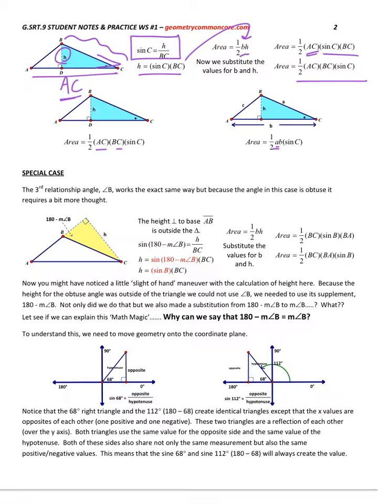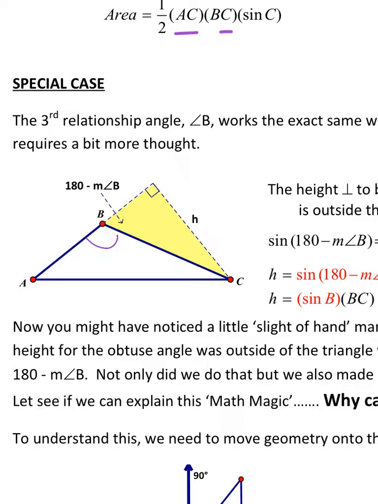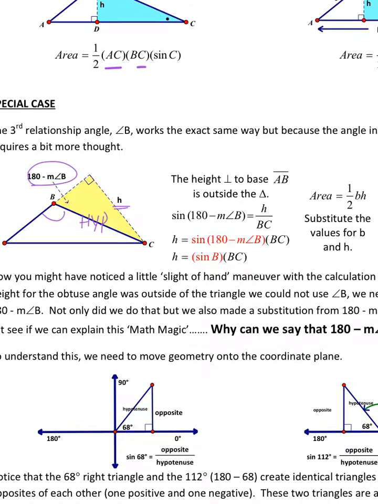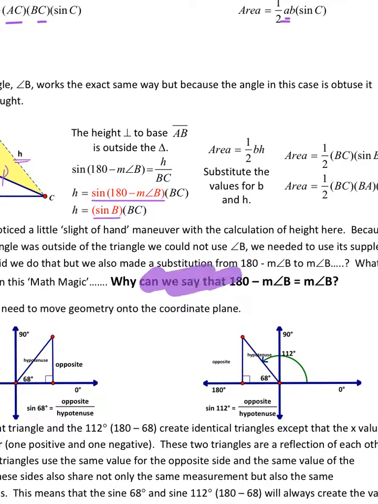And so really what you look at in order to create that ratio for sine is not angle B inside the triangle, but the supplement of angle B, which is 180 minus the measure of angle B. And from there you can relate the opposite side height to the hypotenuse of that triangle that has that reference of angle 180 minus measure angle B. If you notice the setup that we used on the other two triangles, we have sine of 180 minus measure of angle B becomes sine of B. And so herein lies the question of why can you say that sine of 180 minus the measure of angle B is the same thing as sine of the measure of angle B.